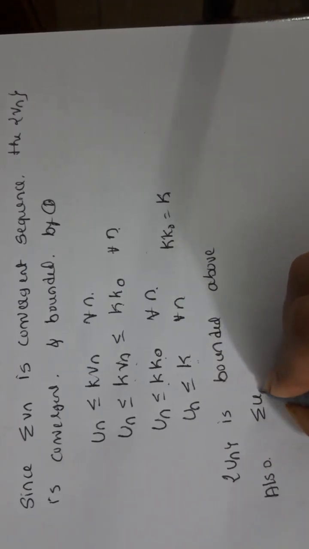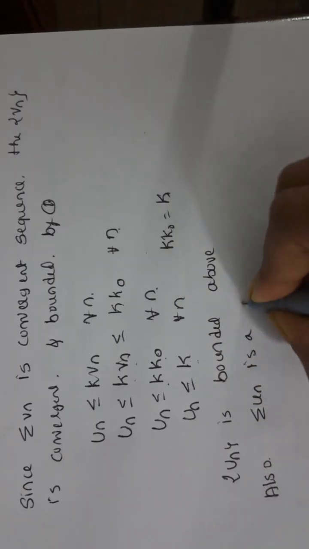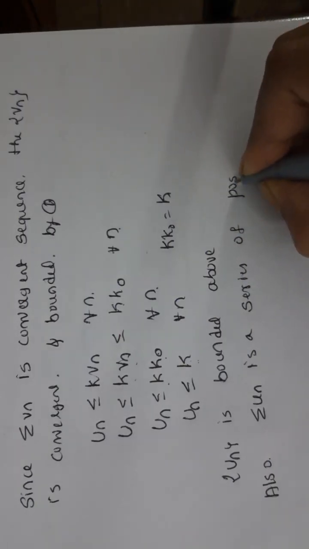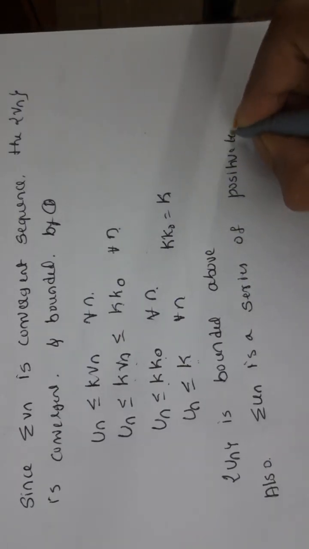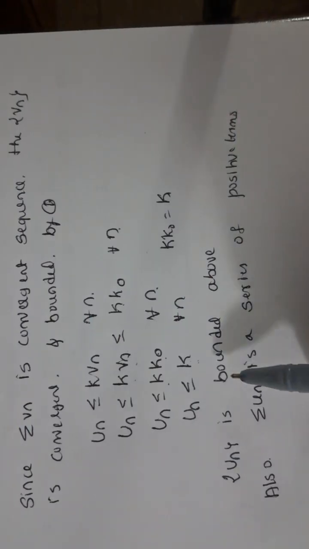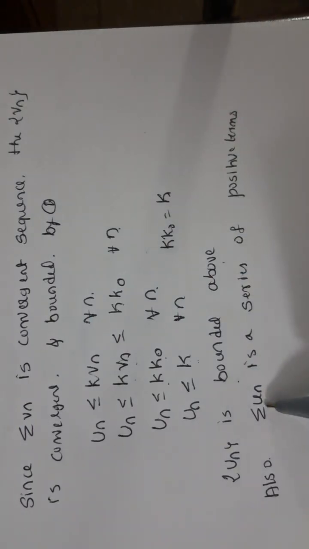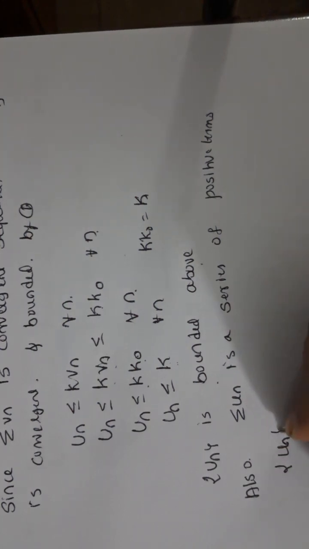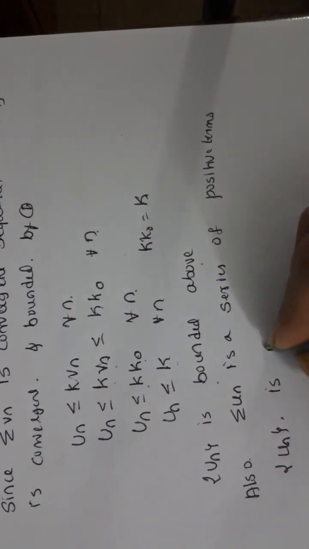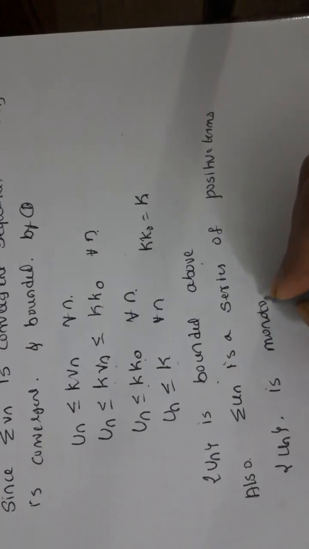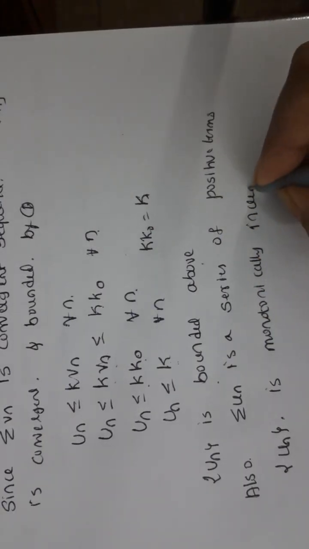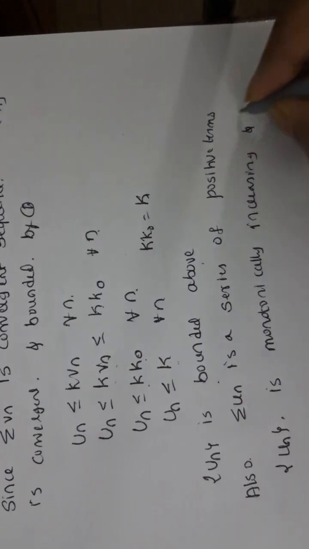Also, summation un is a series of positive terms. So therefore, since it is bounded above and it is a series of positive terms, clearly we can say that the sequence un is monotonically increasing. So it becomes a monotonically increasing sequence and it is bounded above.